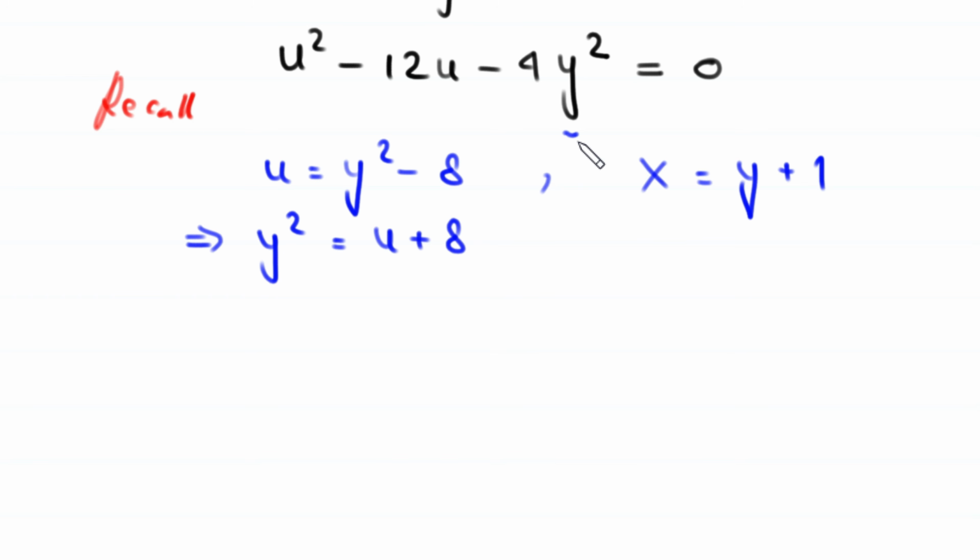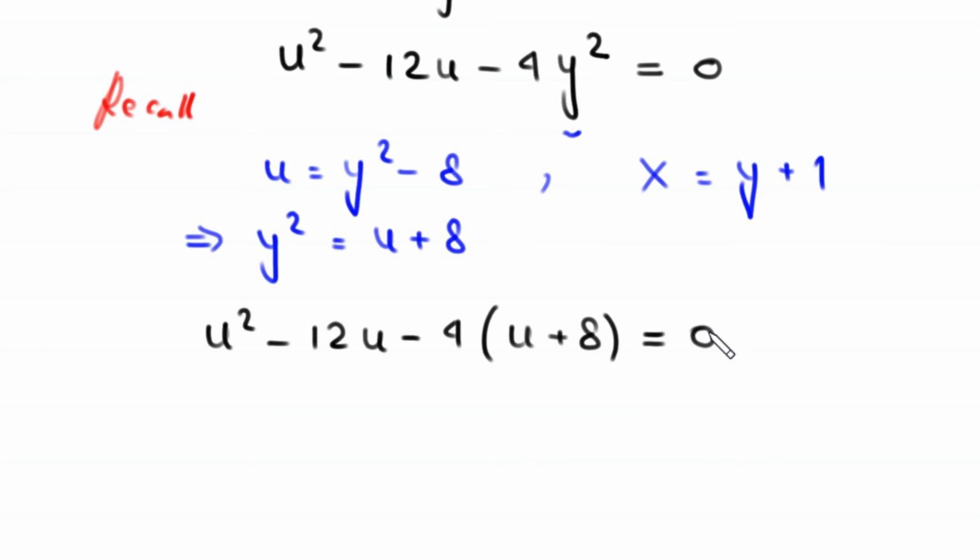So we replace this y squared with this u plus 8, and this will become u squared minus 12 times u minus 4 times (u plus 8) equal to 0.